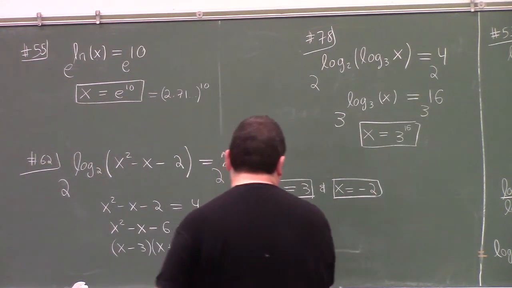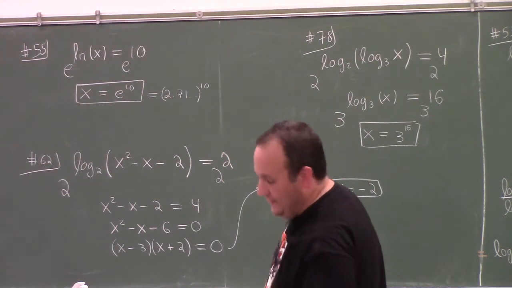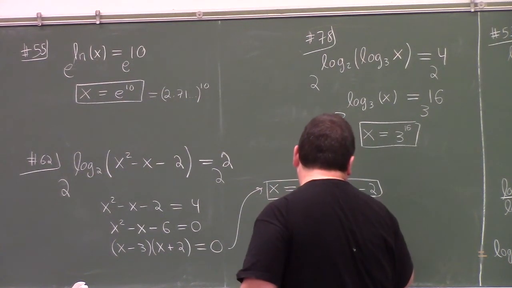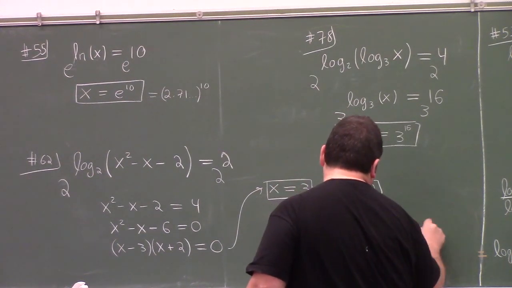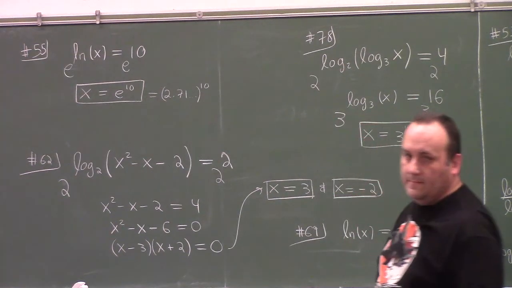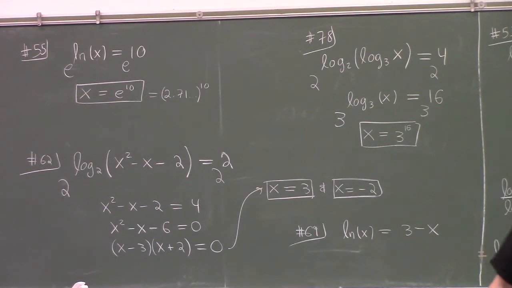The problem is log x equals 3 minus x. How would you solve that?